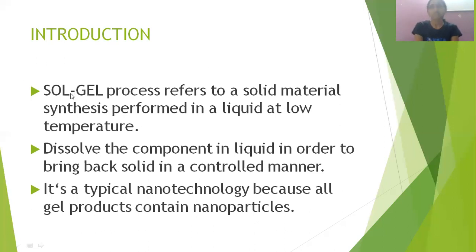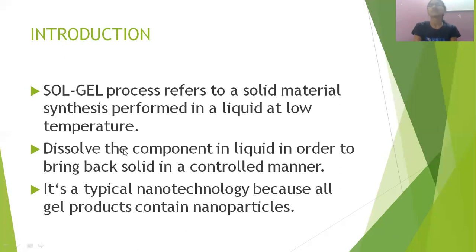We are going to synthesize a solid from a jelly substance at a low temperature. How this happens is that we dissolve one component in liquid to get it back into the solid state. And this happens at low temperature, that is, in a controlled manner.